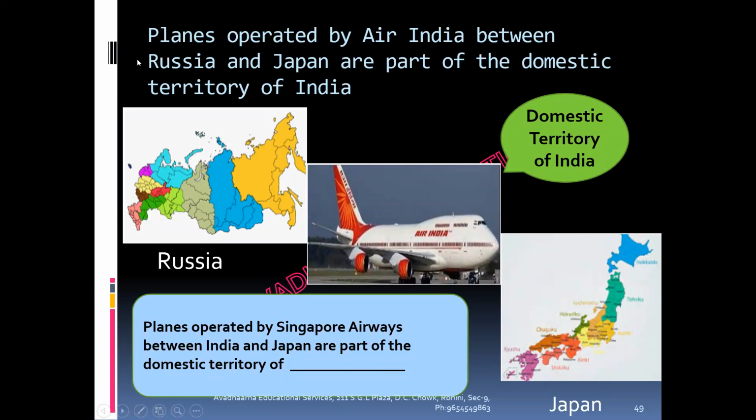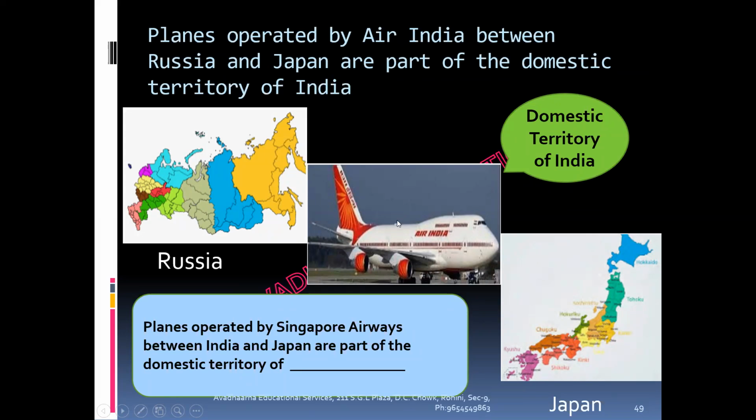Second point is plane operated by Air India between Russia and Japan. Now, this is not a point. This is an example of the point which we have discussed right now. See, planes operated by Air India between Russia and Japan are part of domestic territory of India. Now, see, this is Russia.